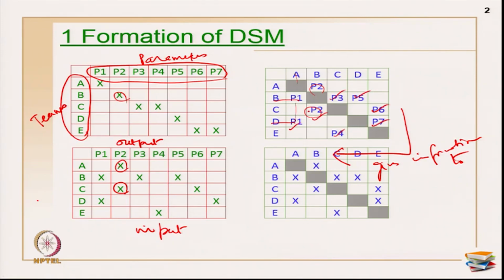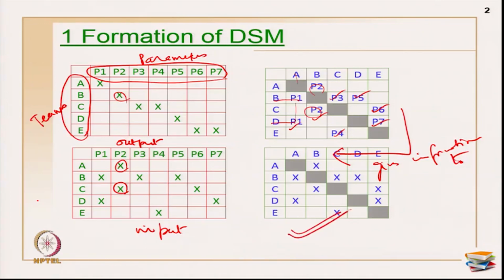Okay, this is how the team DSM is formed. Suppose you are very comfortable with the list of activities and relationships, you have done several projects earlier and you are very experienced, then you can do this directly in the first go itself. Okay.